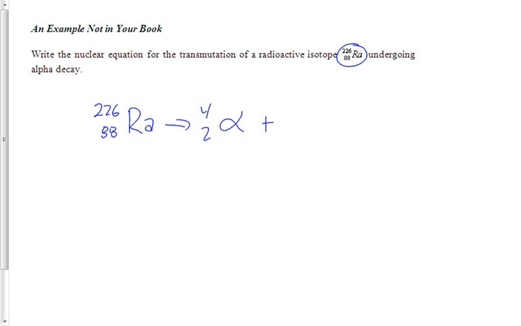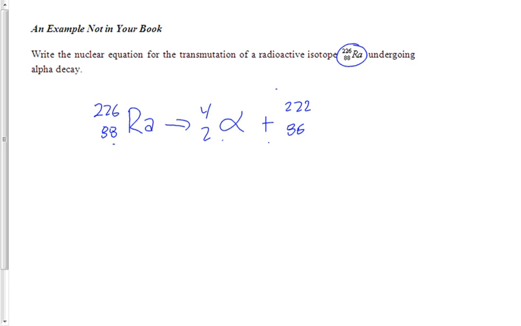What do we have here? Well, we have an alpha particle plus a pretty big nucleus, but a little bit smaller than we started off with. How much smaller? Well, if we had 88 protons over here, then we have to have 88 protons over here. 2 plus 86 equals 88. If we had a mass number of 226, then we have to have a mass number of 226. 4 plus 222 equals 226.